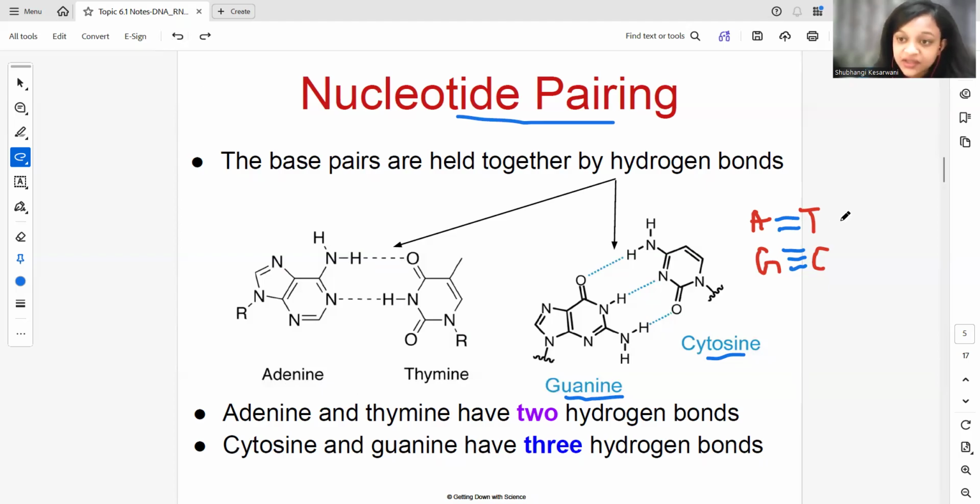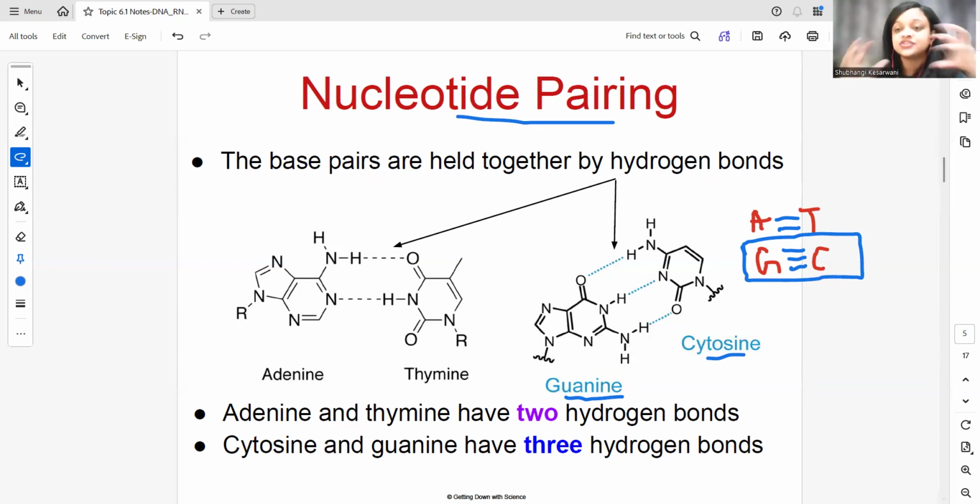So this is the thing. Tell me one thing, out of these two, A-T and G-C, which one do you think is stronger? G-C or A-T? So the answer is G and C. Absolutely right. Why G and C?